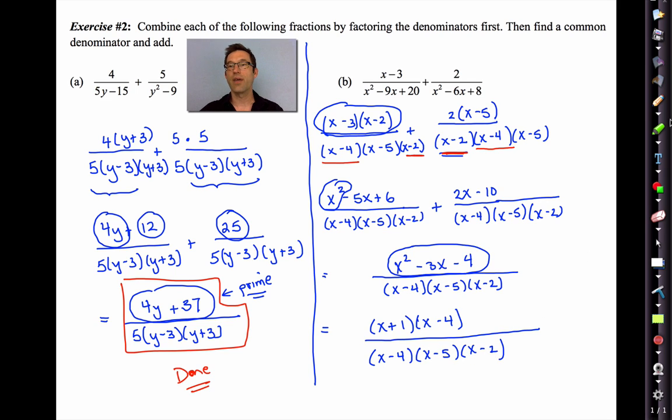Once we have it all like that, then we're really back to a couple lessons ago where we can cancel these two, and we're just about done. x plus 1 divided by x minus 5 times x minus 2. You could always multiply out the denominator at that point, but people rarely do. Wow, that problem was long enough that my hand literally hurts at this point. So let me rest it for a bit, you pause the video, and then we'll move on.